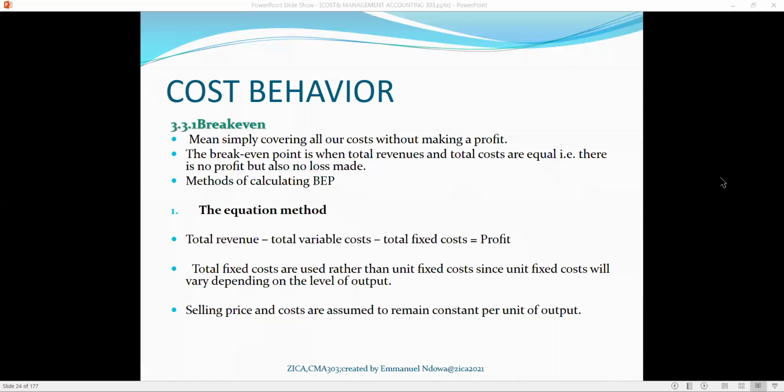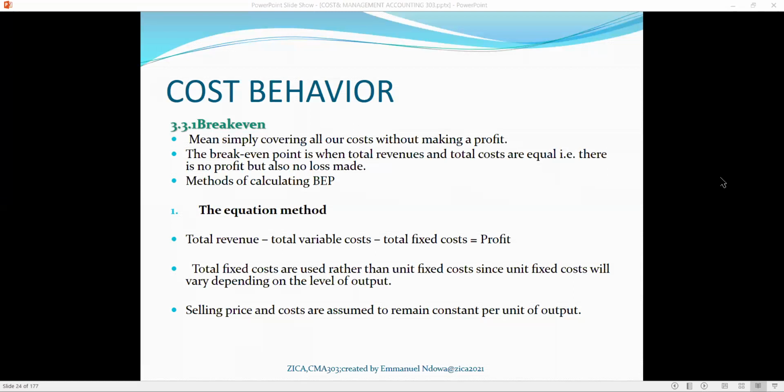Now we need to see how many methods we have to calculate the break-even point. The first method is the equation method, which says total revenue minus total variable costs minus fixed costs equals profit. So that's the first method, the equation method.